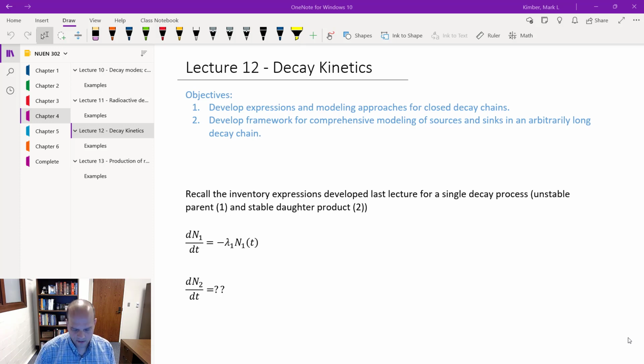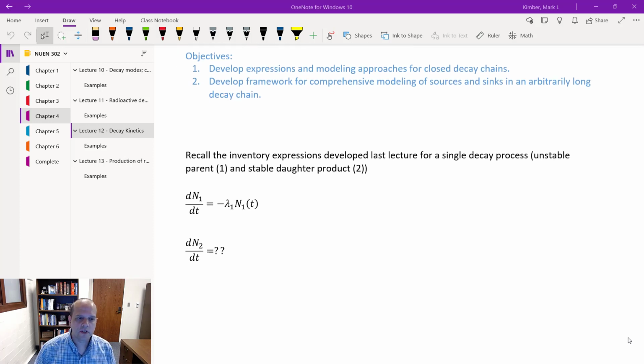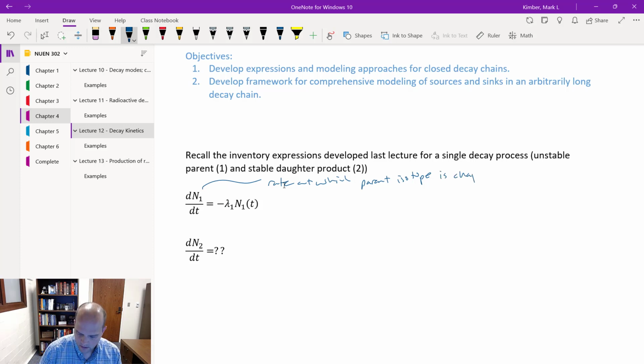In this case, this on the left-hand side here, this is the rate at which that parent isotope is changing, the dN/dt. And the fact that there's a negative sign on the right-hand side means that the inventory of this unstable parent is decreasing with time.